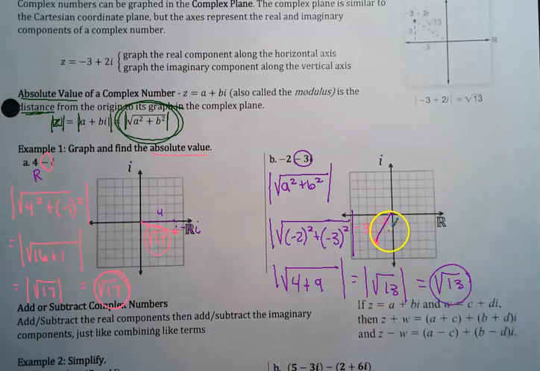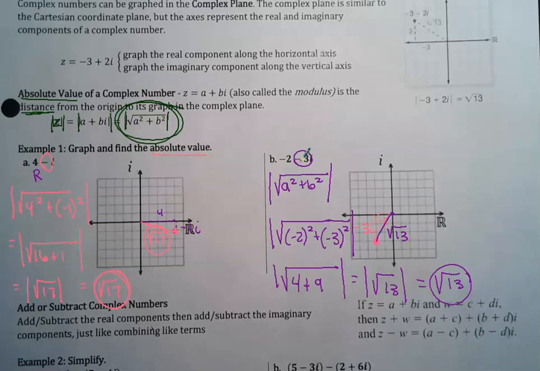So this distance here is the square root of 13. Notice it's the same distance as negative 3 plus 2i. They have the same absolute value.